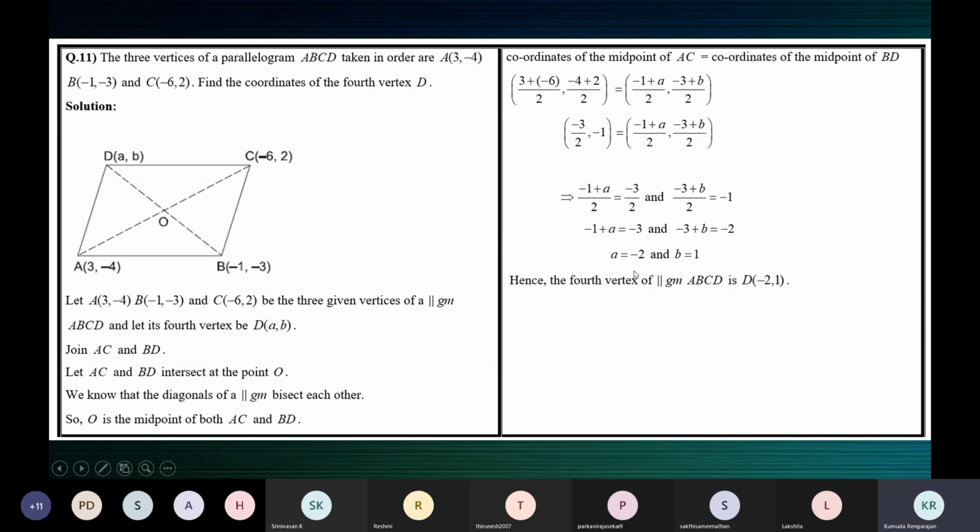Even if you cross multiply, you should get the same answer. When you cross multiply with 2, you will get minus 2 plus 2a is equal to minus 6. Your final answer will be the same. a is equal to minus 2. I have cancelled out the 2's on both sides.